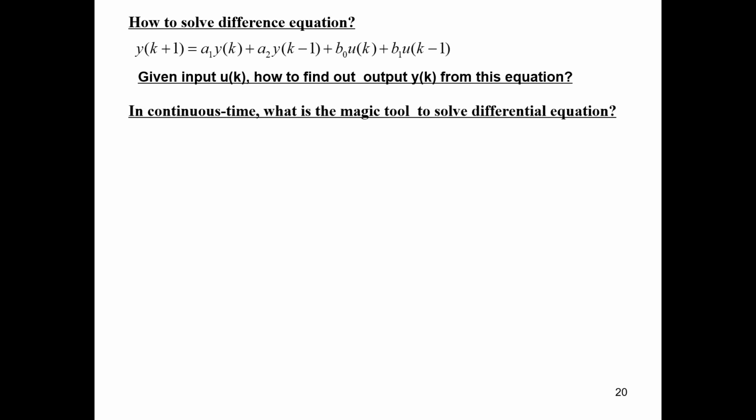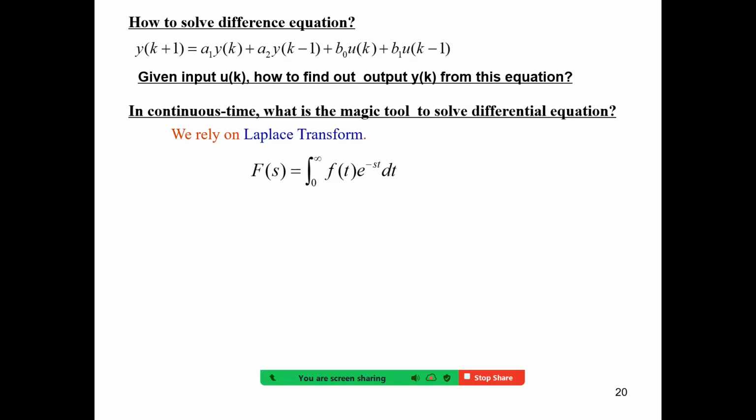And then recall in continuous time, what was the magical tool we introduced to solve the differential equation? Laplace transform, right? We also used that. Today, we know that is the magical tool. But if you look at the way we compute the Laplace transform, of course, normally now you have the Laplace transform table. But if you forget the table, you have to use this formula.